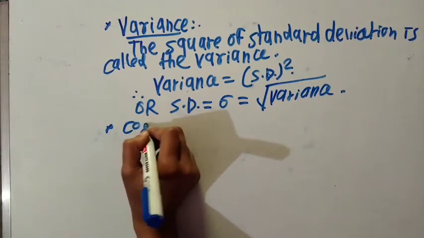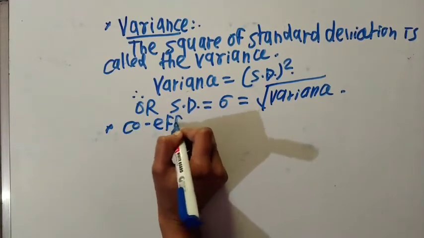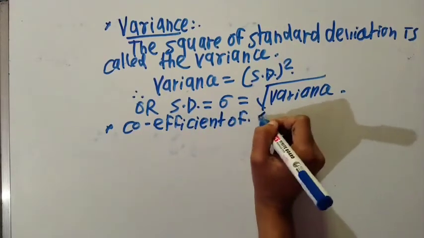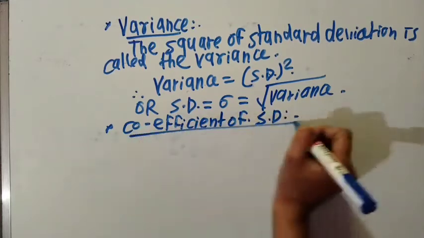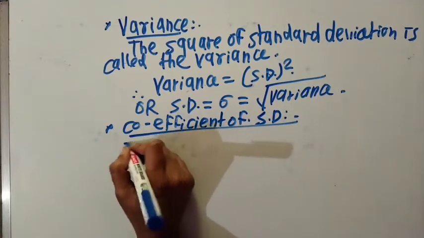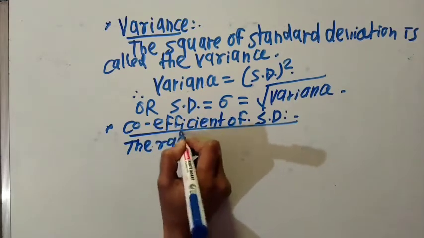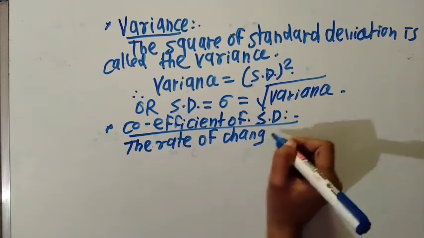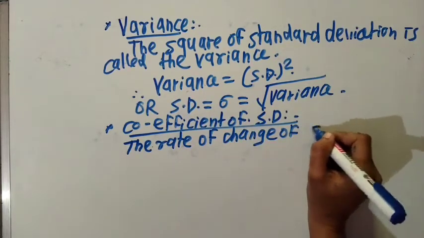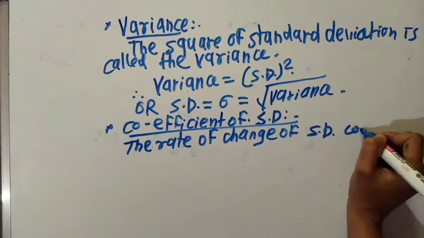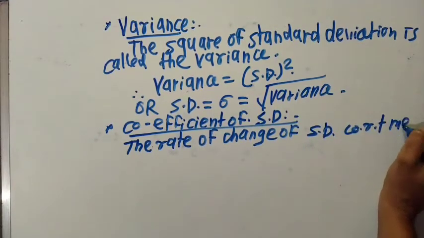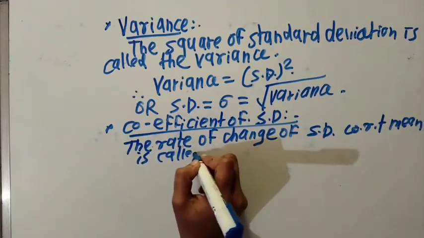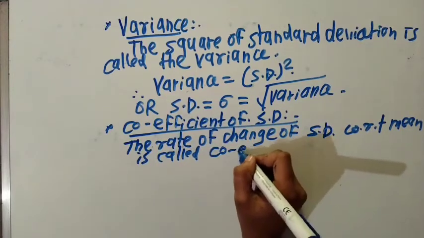Then the next formula is the coefficient of standard deviation. The ratio of standard deviation with respect to mean is called the coefficient of SD.